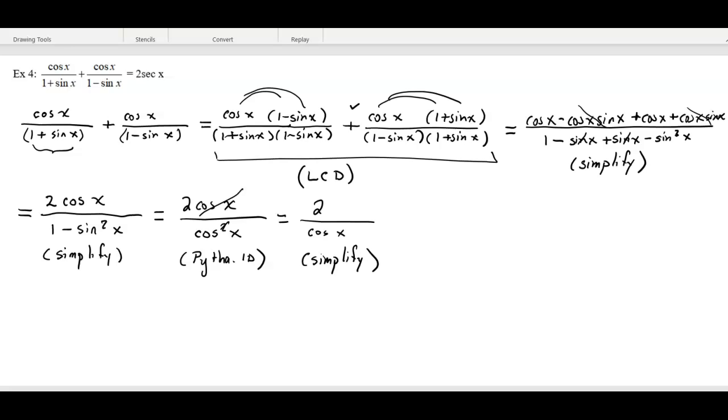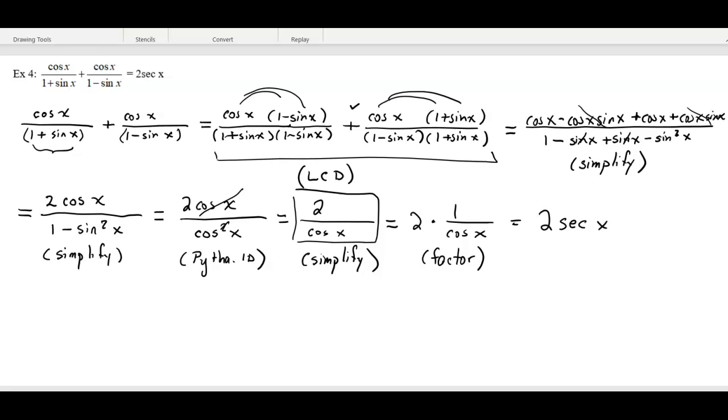And then, now you can just flip. I'm gonna split this. You don't have to include this step, but I do want to make it clear. You can go straight from 2 over cosine of x. Cosine of x in the denominator becomes secant of x in the numerator. So you do not have to include this factor step if you don't want to.